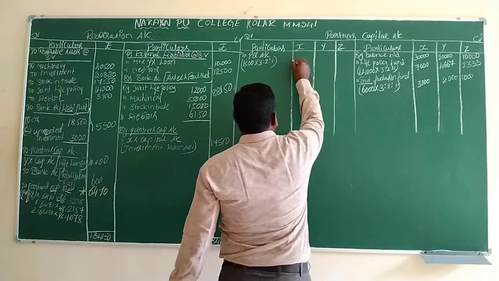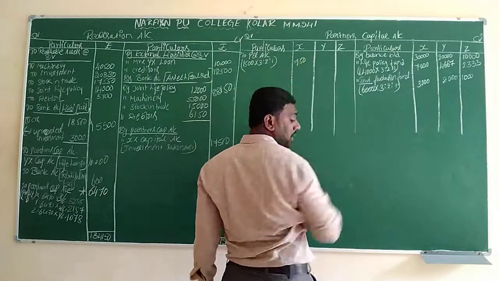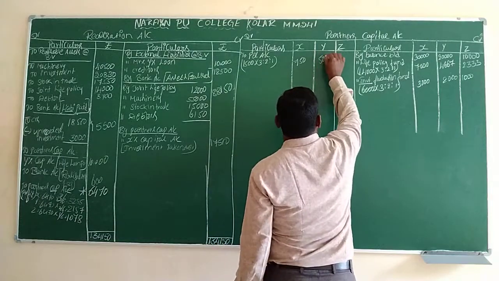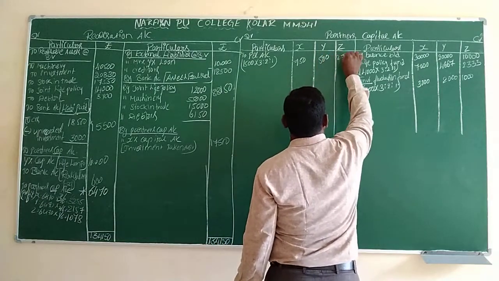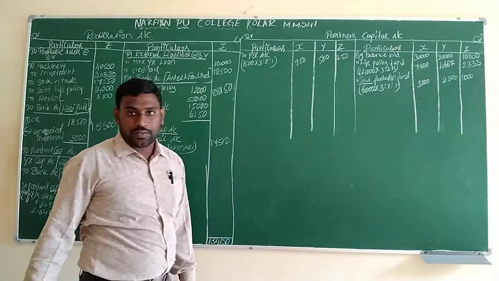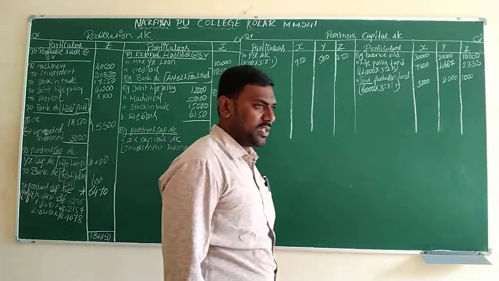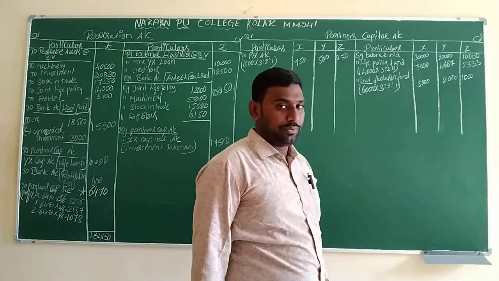First partner will get 750. Second partner will get 500. Third partner will get 250 rupees. These are the transactions which came from the previous balance sheet. Apart from this, no other transaction they are given.